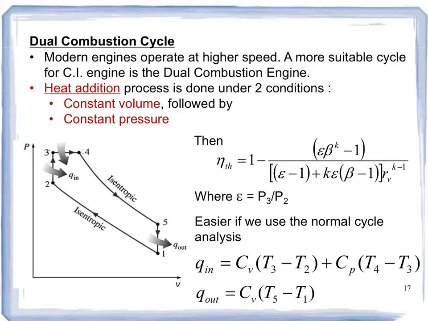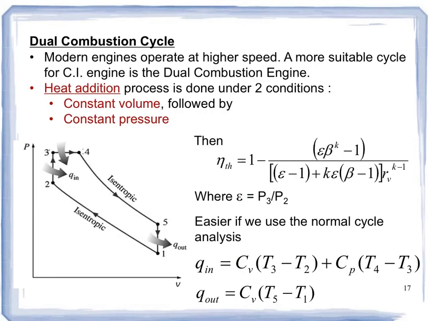You have another term introduced here, which is your epsilon, or in other words, the ratio between P3 and P2, because sometimes the question may ask you what is the pressure at 3.